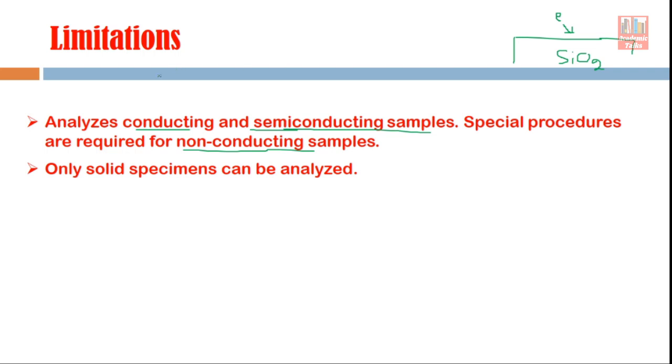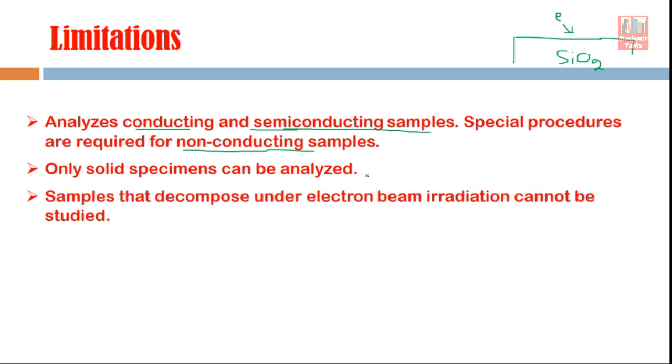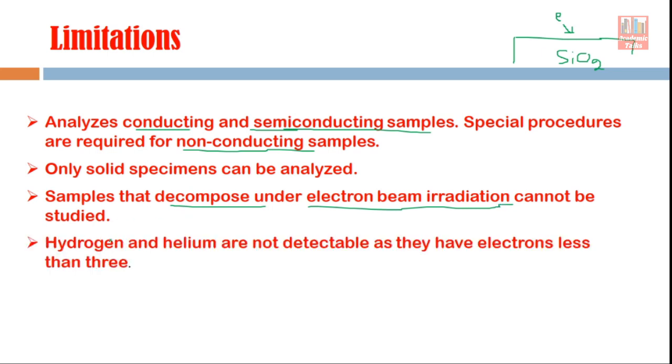Now only solid specimens can be analyzed using this technique. It's not possible to do this Auger analysis on liquid samples or other kinds of samples. Now if the sample decomposes under electron beam irradiation, then we cannot do this kind of analysis. Now hydrogen and helium are not detectable because they have fewer than 3 electrons.